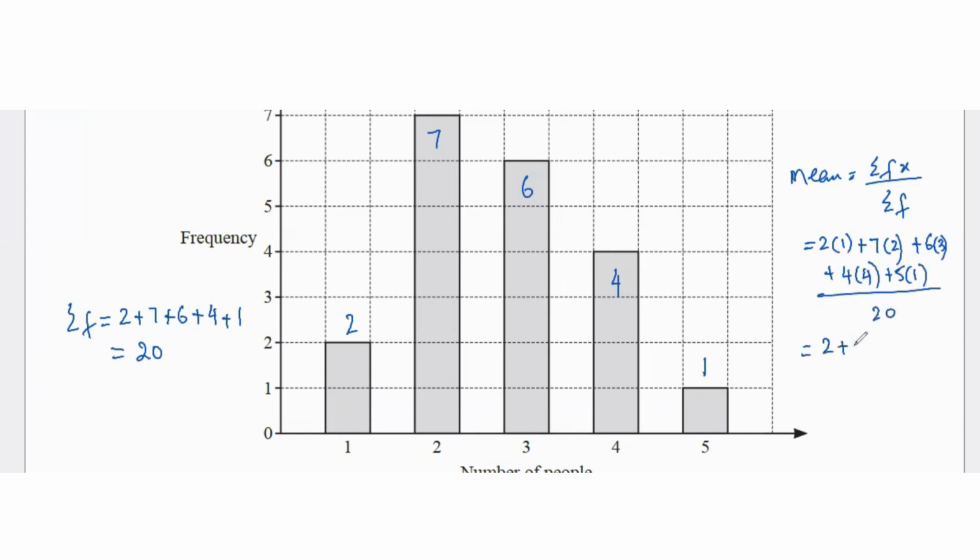So that's 2 plus 14 plus 18 plus 16 plus 5. That's 55 over 20. And when we divide that, we get 2.75.